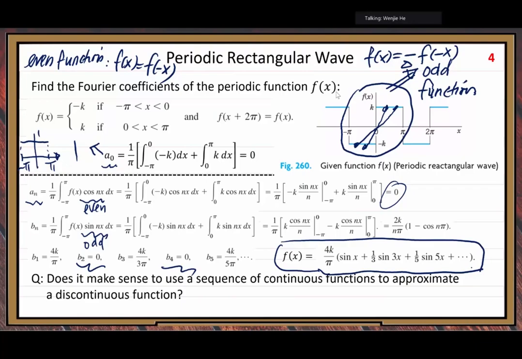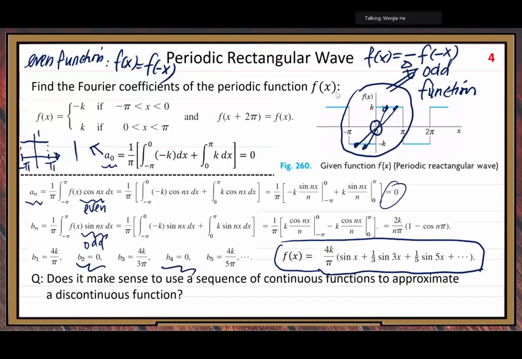First, we know this f function is not a continuous function. There is a discontinuity at the point 0. So the left-hand side is a discontinuous function, at least at certain points. But on the right-hand side, all these sine functions are continuous, and you take a summation, a series of continuous functions.